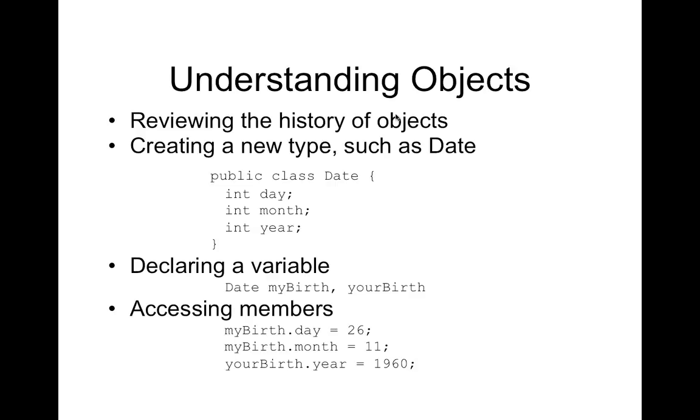Accessing the members, that means you have my birth as a reference variable. To access the members of it, you can do my birth dot day. So that's how you are accessing the members and setting some values. This is just to understand the object. You guys know it already.